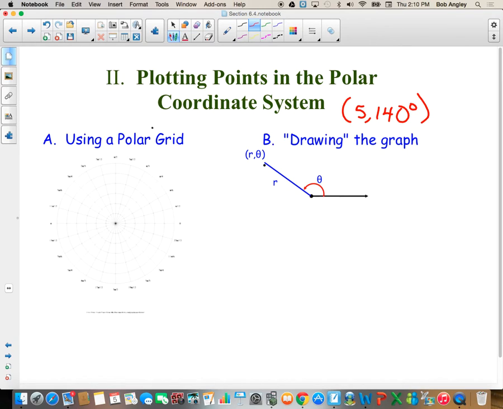If you were going to draw this by hand, you would draw a ray going to the right here, make an angle that's 140 degrees, then come up to what you saw as being 5 units and put the dot at that place, and where this r theta is, you would write 5, 140.